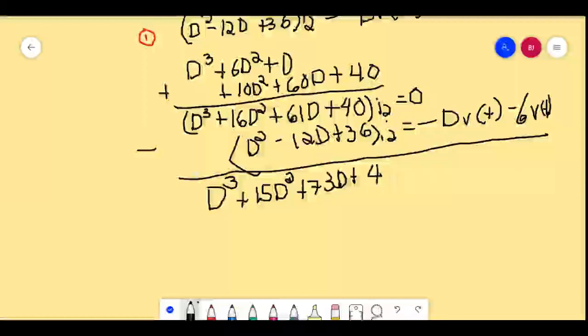And 40 minus 36 is 4. Okay. I2, and this would be both positive, d v(t) plus 6 v(t).